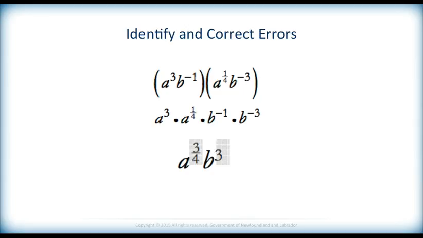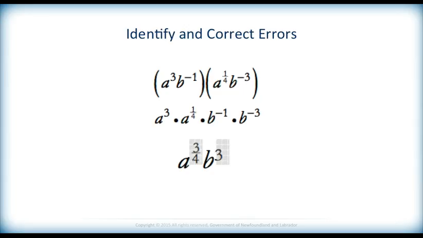Multiply 3 divided by 1 by the common denominator, which will be 4, so we'll multiply the numerator and denominator here by 4. This will give us 12 divided by 4 plus 1 divided by 4. As a result, a should have an exponent of 13 divided by 4. We can leave this alone because it already has a positive exponent.